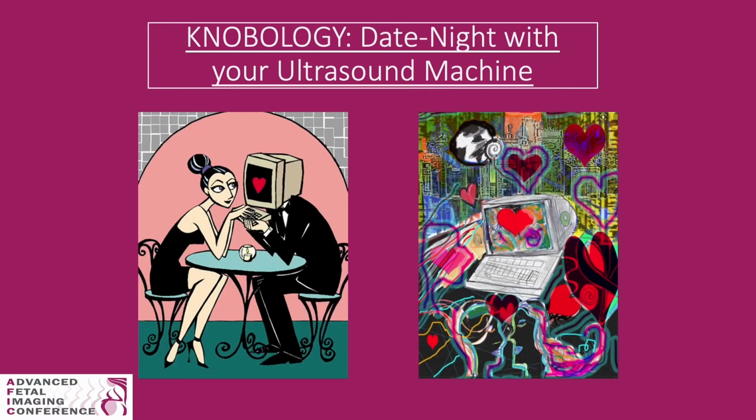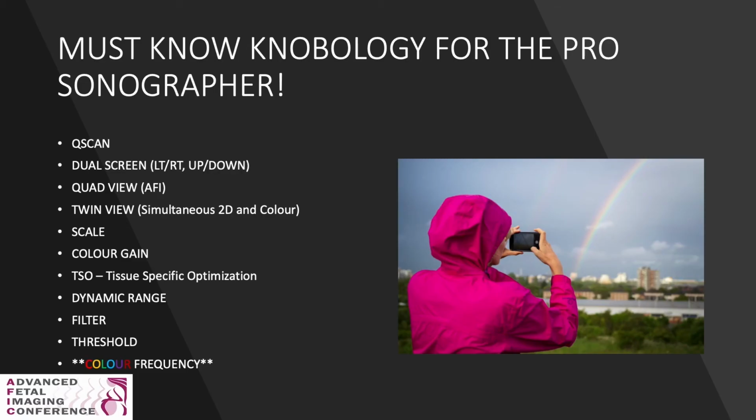The last thing I want to discuss with you all today is Knobology. Which buttons are the most important and how do I go about finding them on our respective different machines? You guessed it, here is another Kodak moment. So take out your phones and take a picture of this page. These are the buttons and knobs you will need to become a pro sonographer and to take you all to the next level.